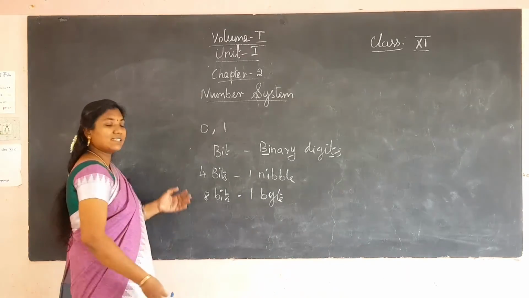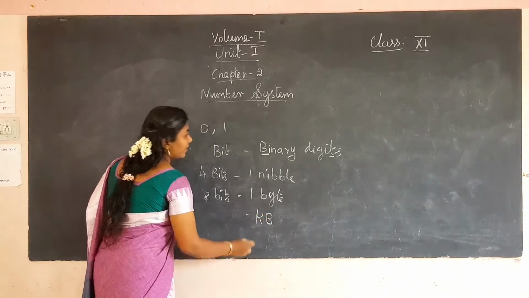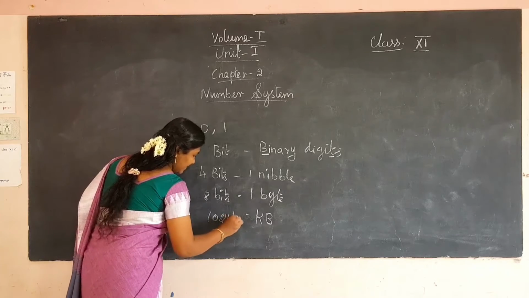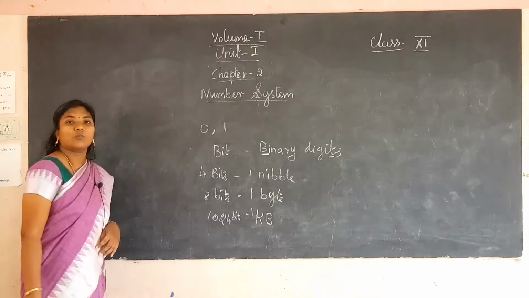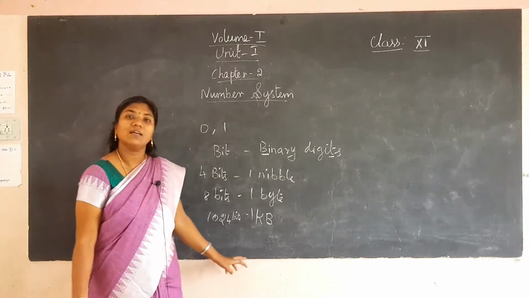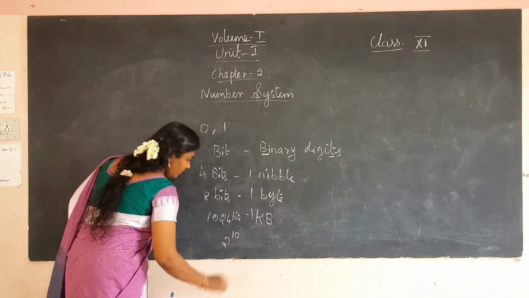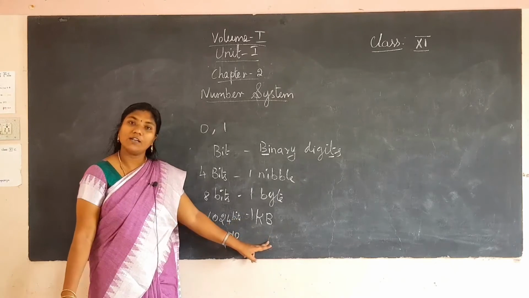Next comes the kilobyte, KB. 1024 bytes we say as 1 kilobyte, that is 2 power 10, which we call 1024.